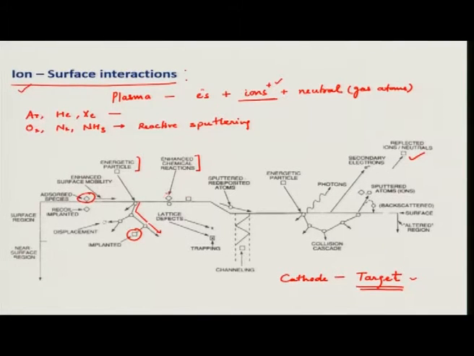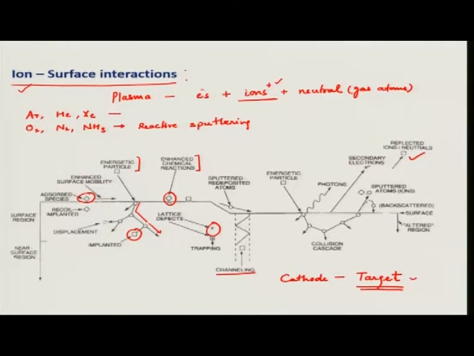They can also react with the target. If we are using ions of a reactive gas like oxygen, nitrogen, etc., then they might react with our target. Okay. And in various processes they might also create lattice defects in our target. They might also move deep down into the target by a process called channeling.